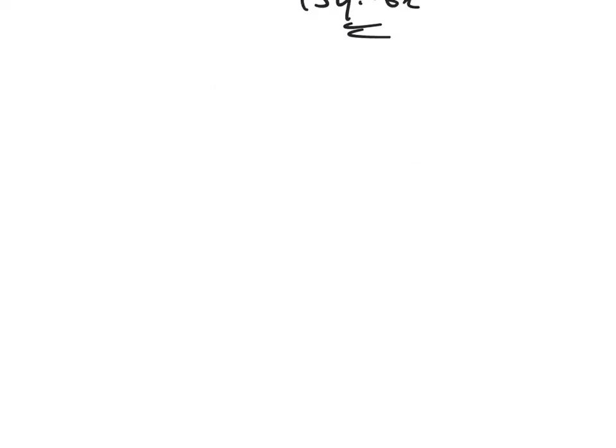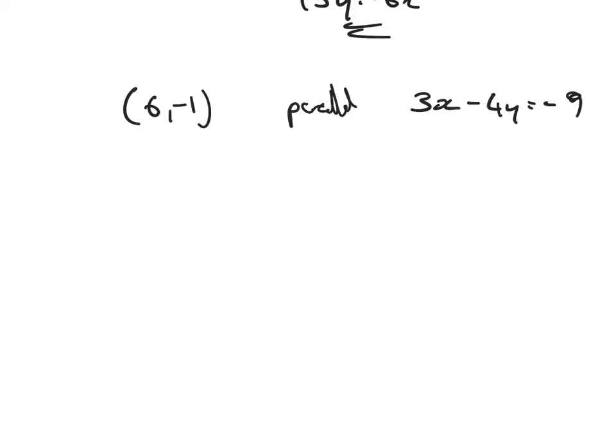Okay, find the equation of the line which passes through (6, -1) and is parallel to the line 3x minus 4y is equal to -9. Well, we can see that that is not in the form y equals mx plus c, so let's rearrange it so that it is.